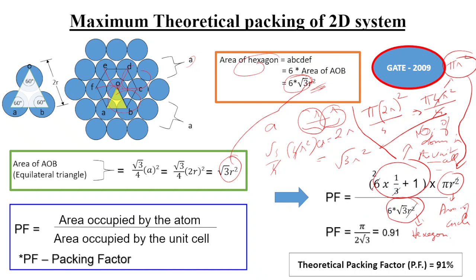The 3 and the 6 get cancelled, we get 2. So 2 plus 1 is 3. 3 into pi, the r square and r square get cancelled, and we have pi by 2 root 3. When you solve this, your answer will be 0.91 or 91%.